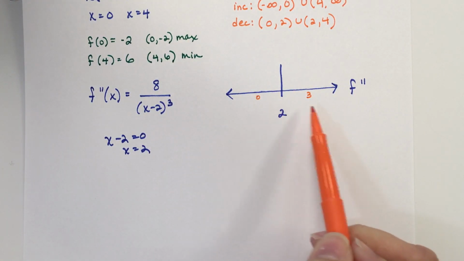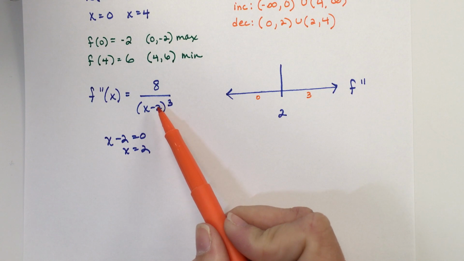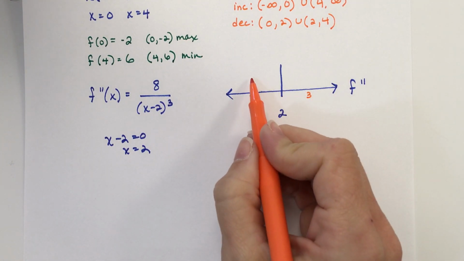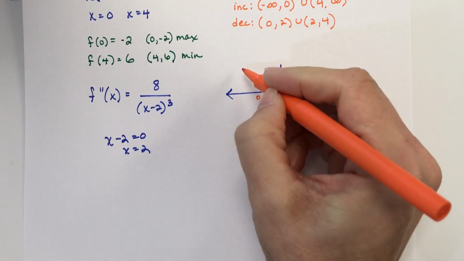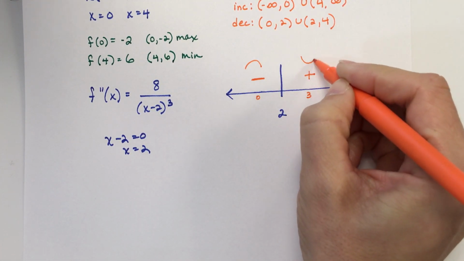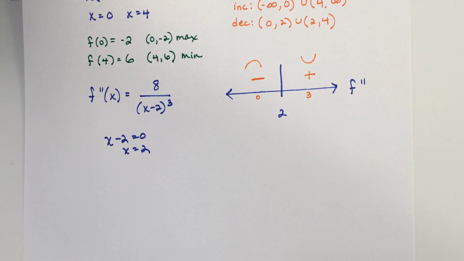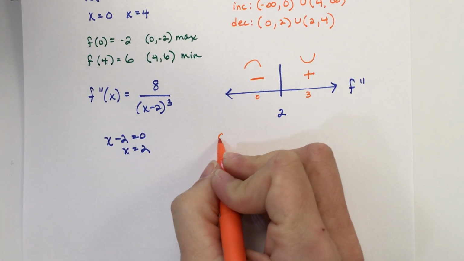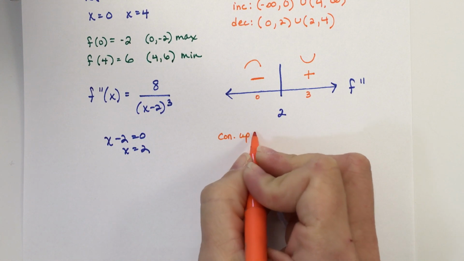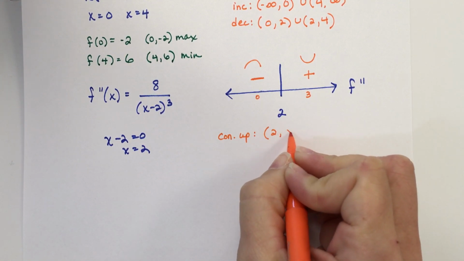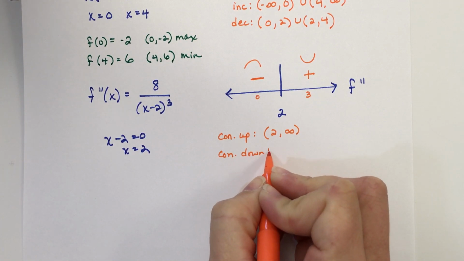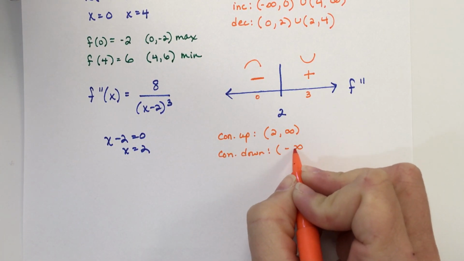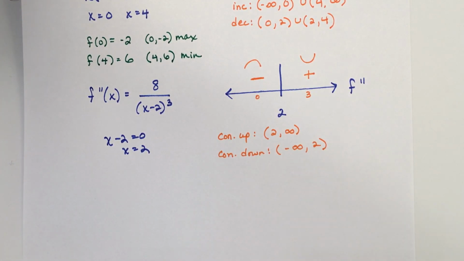Again, you're going to substitute these test values into your second derivative. This is going to give you negative, and this will give you positive. So this portion's concave down, this portion's concave up. All right, so let's write those intervals. So concave up is from 2 to infinity, and concave down is going to be negative infinity to positive 2.